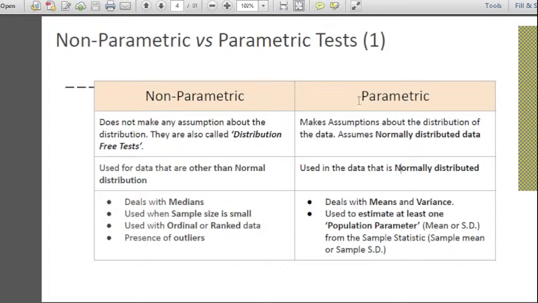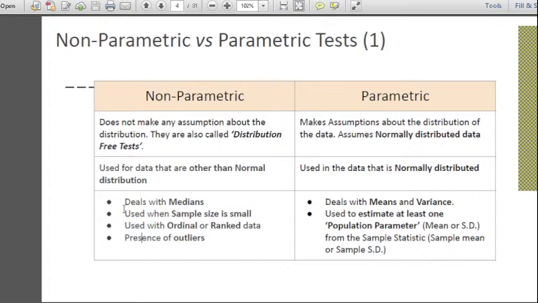Okay, hence they are called parametric tests. A non-parametric test deals with other summary statistics like medians, right? Some ranked data, when the sample size is very small, or when outliers are present. Under such circumstances, we use non-parametric tests. Is that clear?